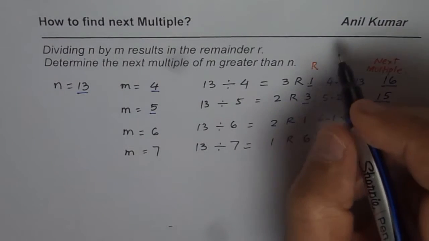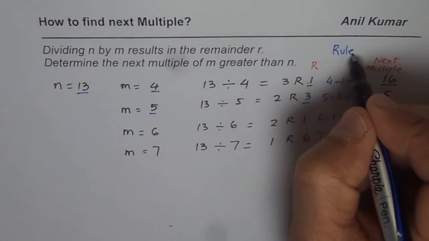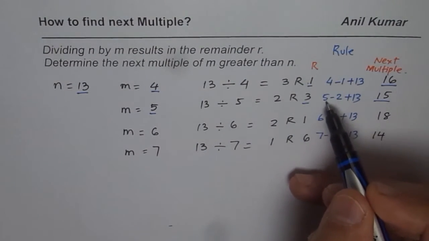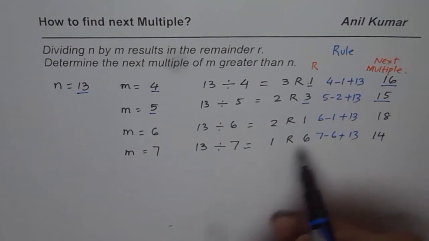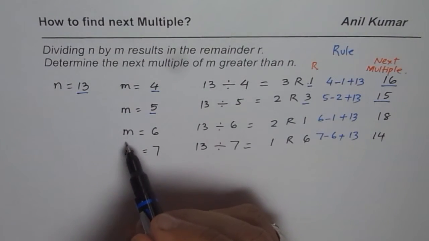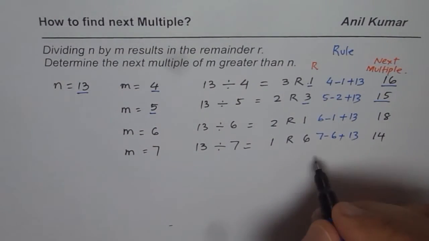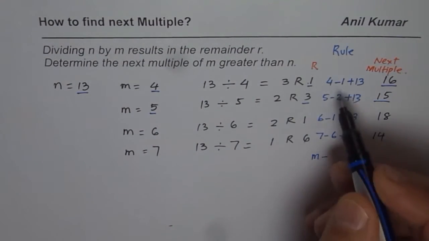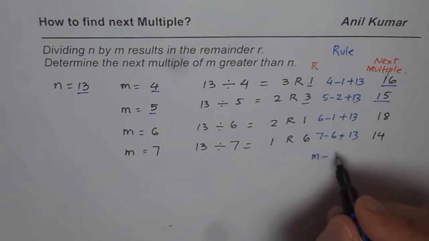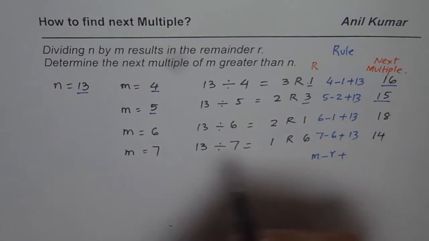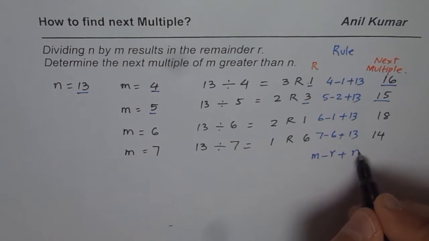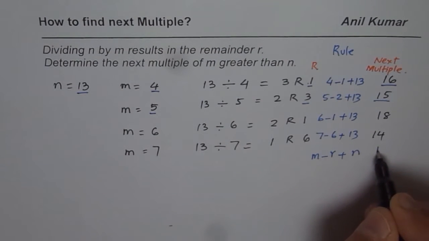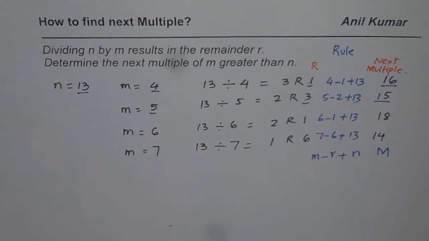So the rule we just found: these numbers 4, 5, 6, 7 are the m's, the divisors, and these numbers are my remainders. So m minus r plus the original number n gives us the next multiple. Do you see that? So we get a rule here.